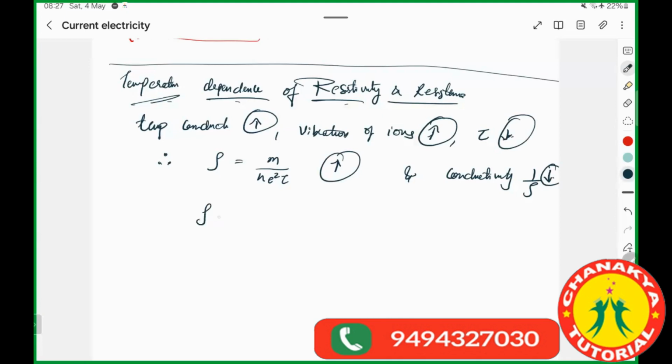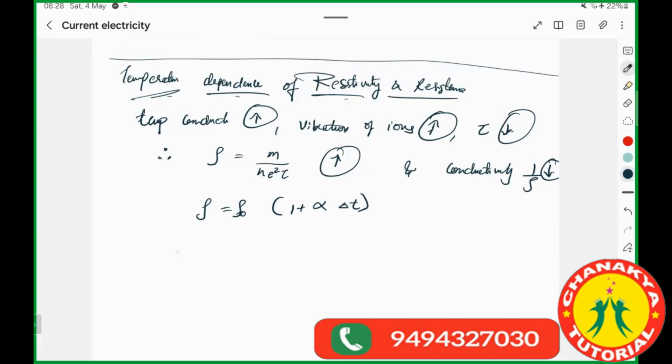So the formula is rho equals rho naught (1 plus alpha delta t). We had a similar formula last year also, in 10th standard. And R is proportional to rho, so the dependence is the same.